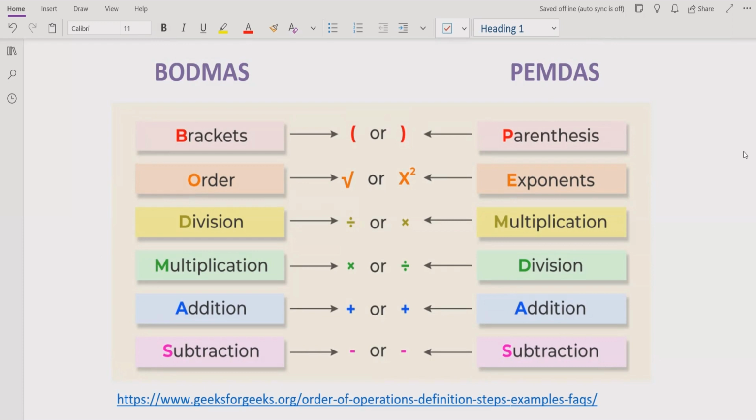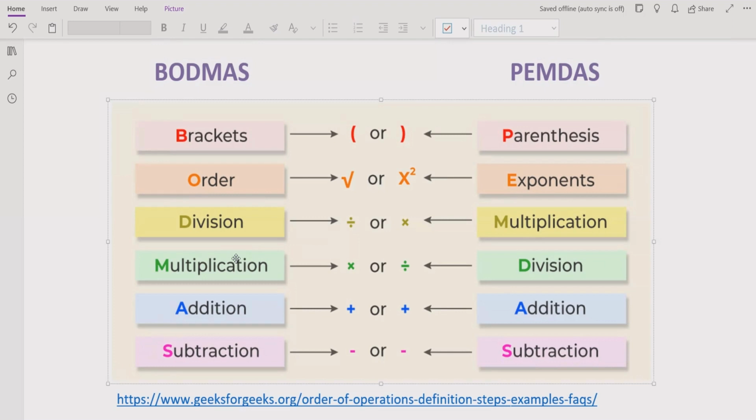So you have to first find out which operation is coming first. If division is coming first, you solve the division first. And if multiplication is coming first, you solve the multiplication. Don't worry, when you use the PEMDAS and BODMAS method, you can solve whichever operation comes first, because division and multiplication have similar precedence.